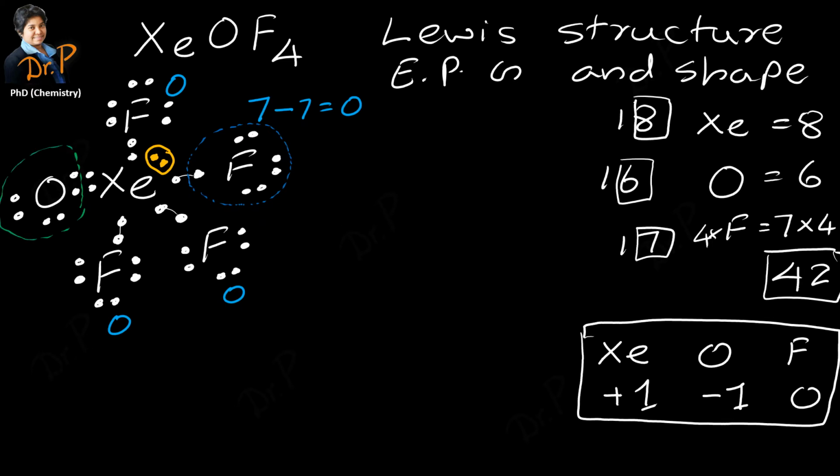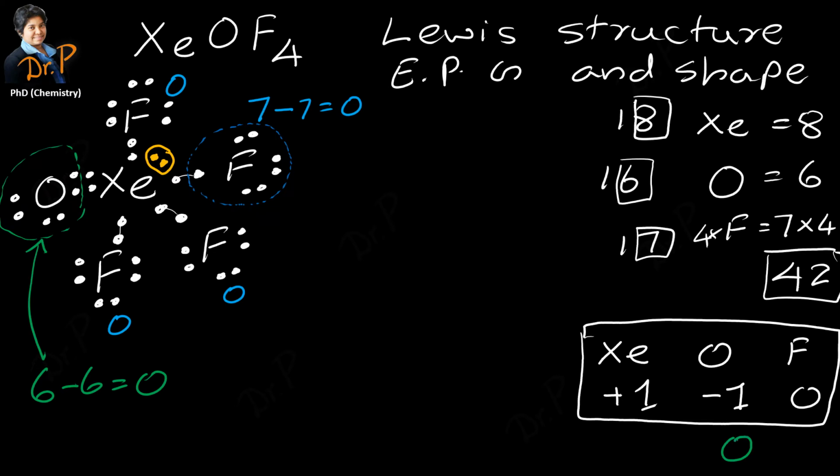In the bond between oxygen and xenon, there are overall 4 electrons, but I'm going to assign only half of that to oxygen. Now let's calculate the formal charge. Oxygen has 6 valence electrons. In the Lewis structure that we have drawn, there are also 6 valence electrons. So now oxygen has a formal charge of 0.